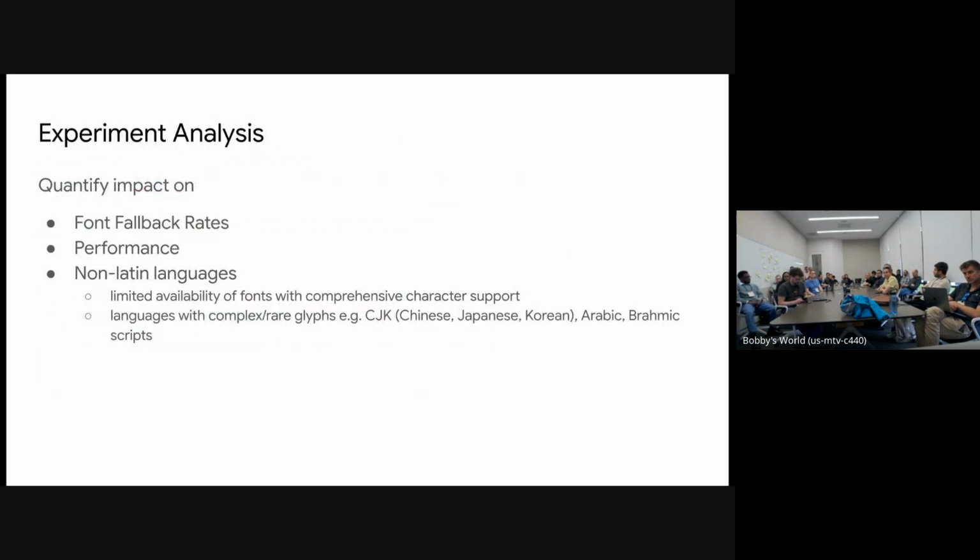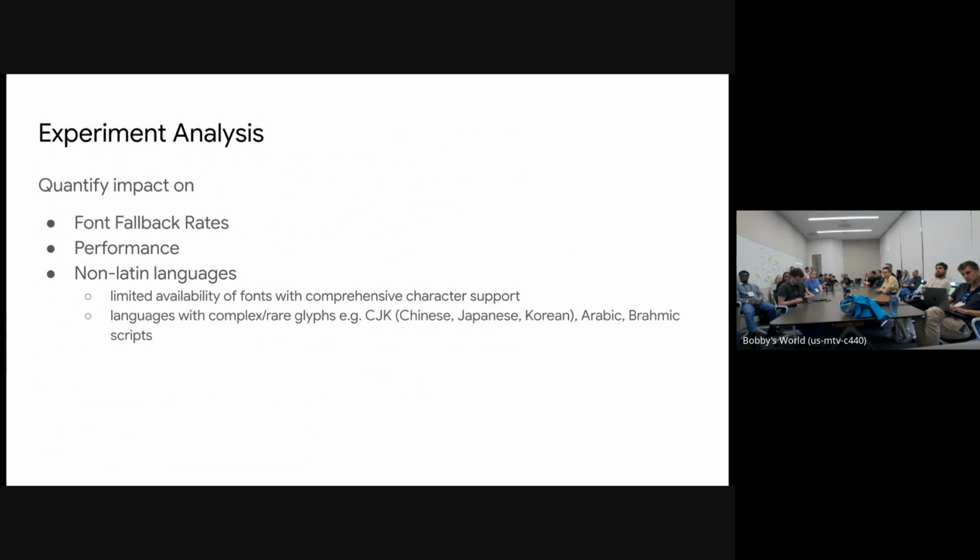From the metrics we collect, we want to perform some experiment analysis. We're quantifying impact on font fallback rates. Essentially, we want to see how many times we're running into the last selected font as a result of this intervention. We want to see performance impacts. For example, the filter mechanism will add some latency, so we're trying to get an idea of what that is.